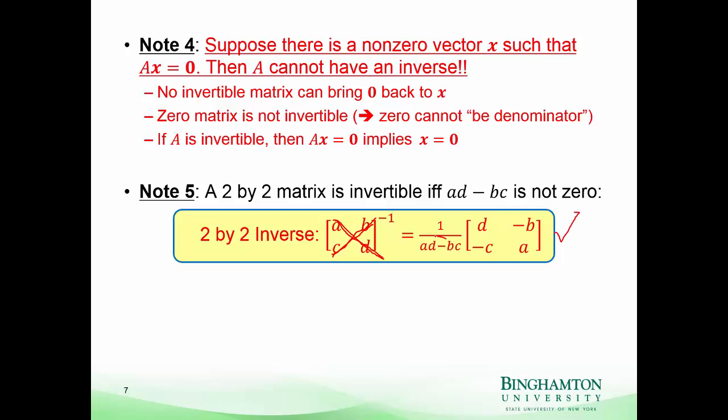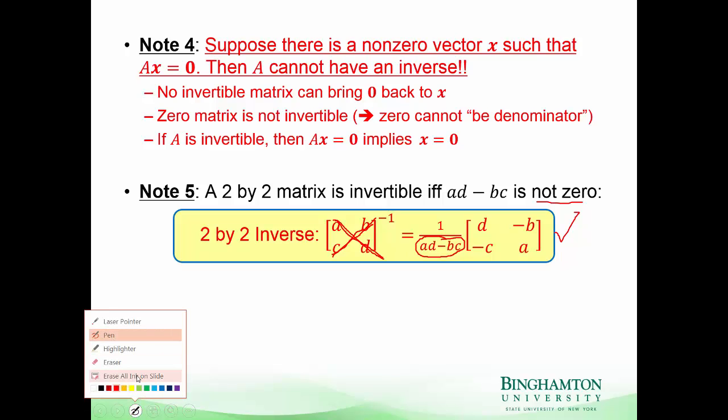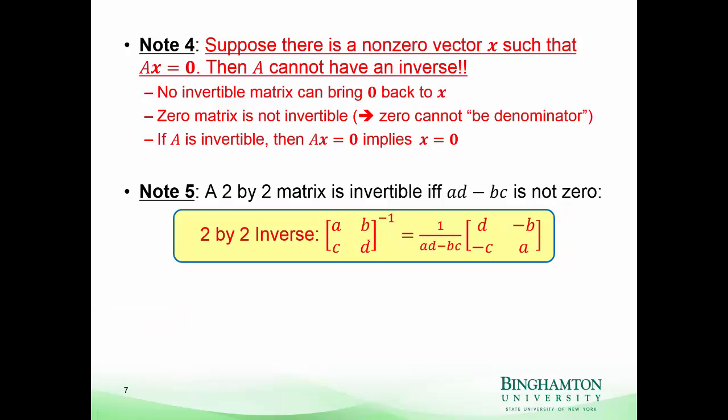Notice that quantity shows up in the denominator, so if it's not 0, we can do that division. And notice the structure of how we populate this matrix. We have D going here, we have A going here. So those on this diagonal flip, and on the other diagonal, they get negated.